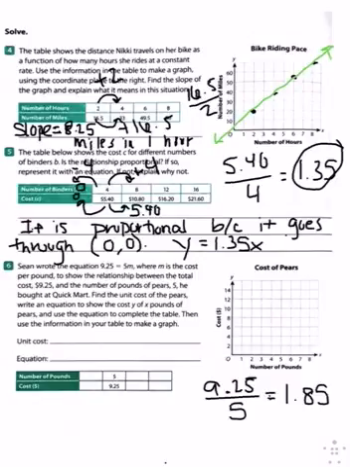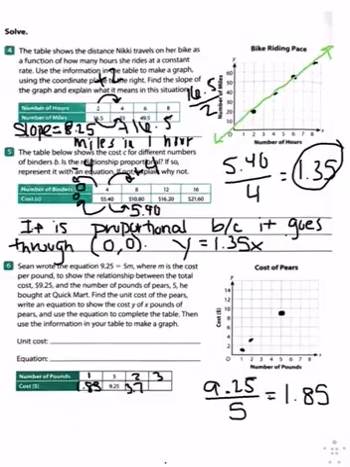So if I graph that, 5 and 9.25, it's going to be about right here. And so we're going to go ahead and make a couple more. I'm going to do 1, 2, and 3. So 1 times 1.85, so 1 and 1.85. I'm going to do 2 times 1.85, which is 3.7. So 2 and 3.7.